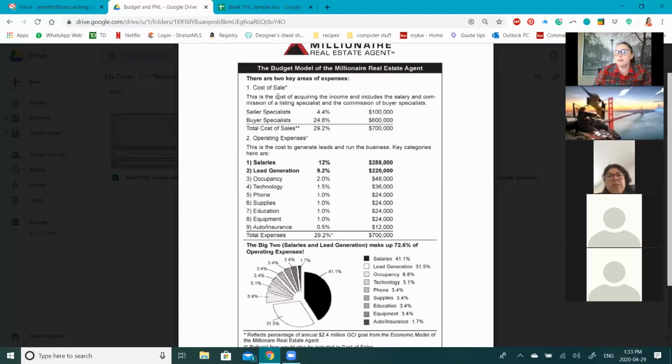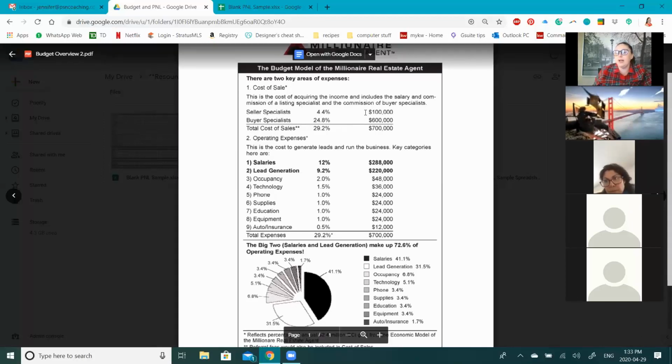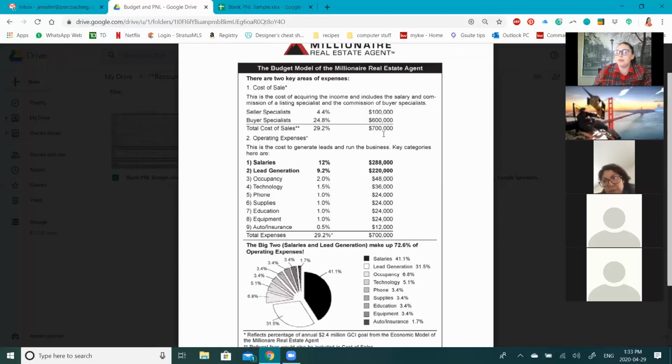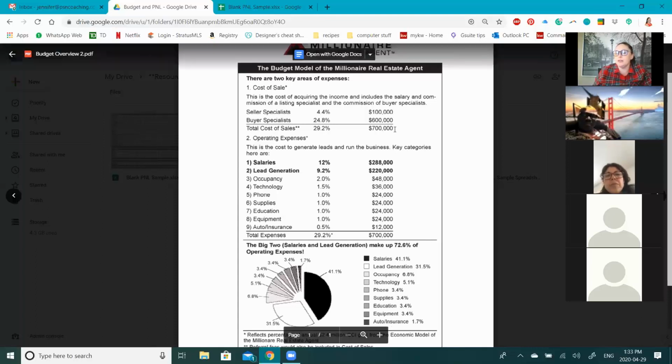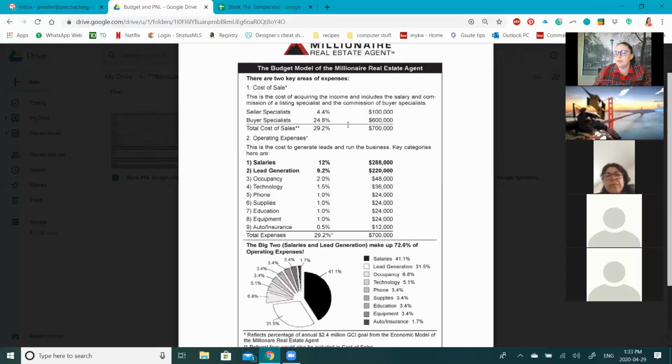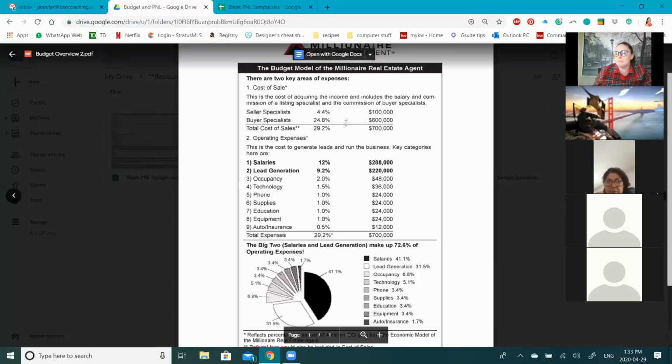So cost of sales is: what is it costing you to have somebody make you this money? So what's your salary? They're recommending it's around 30% of your income. So if you've made 100,000, you should be paying yourself about 30 of that 100 in order to have acquired that income. Does that make sense?